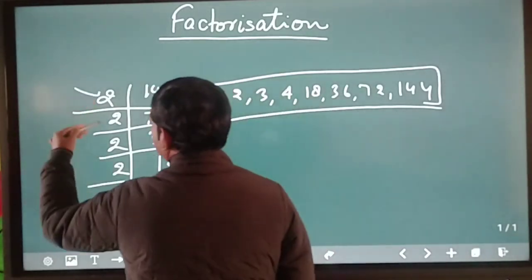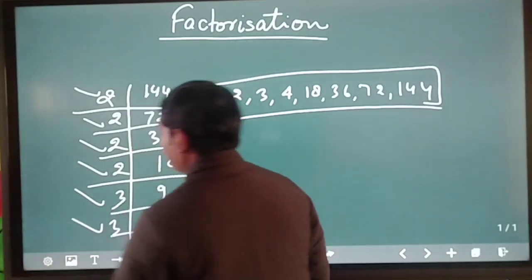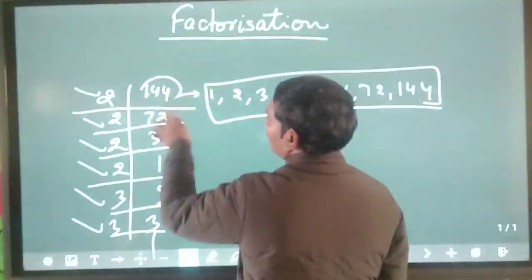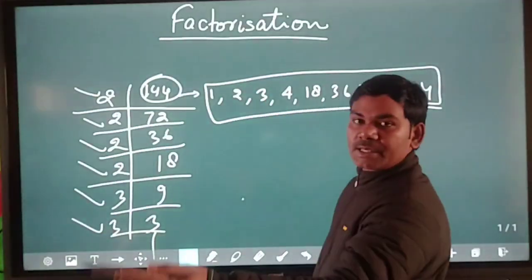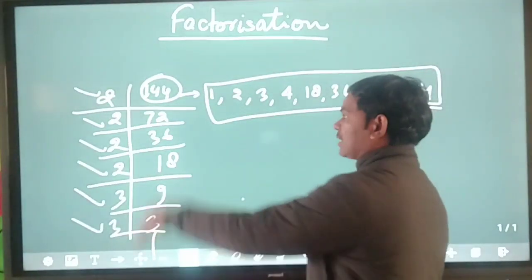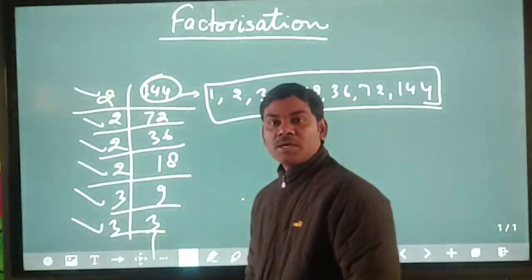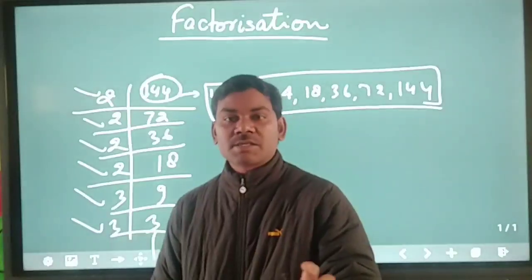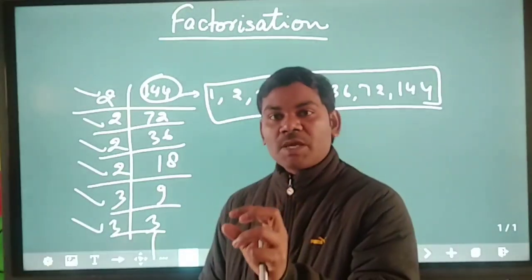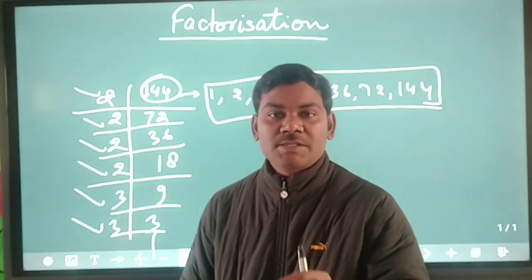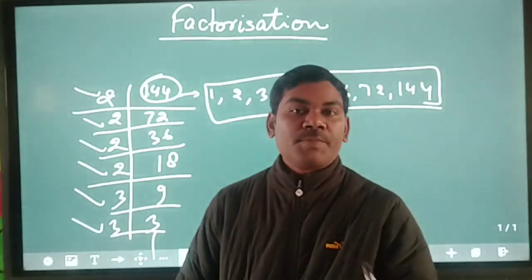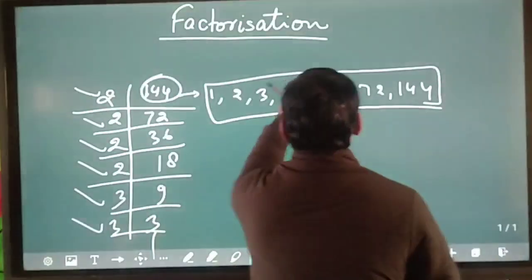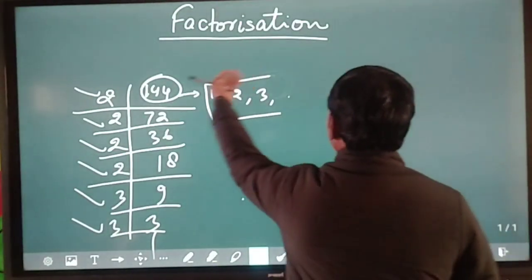Here we can see that these are the prime factors of 144, and in this way 144 can be factorized into its prime factors, and this method is called prime factorization. The easy way to explain factorization is that breaking a quantity down into its simplest form is called factorization. So I hope factorization is clear.